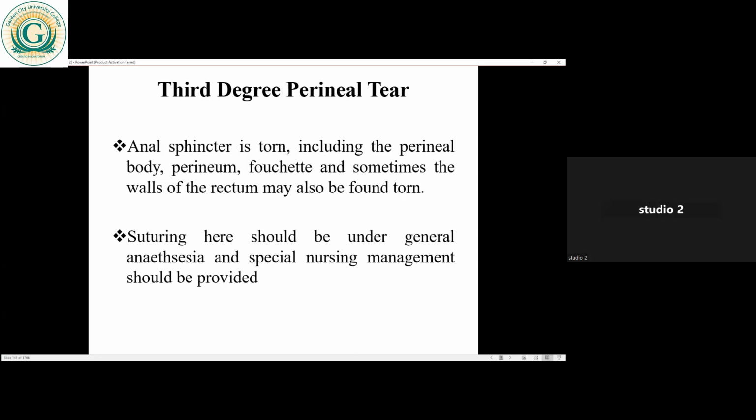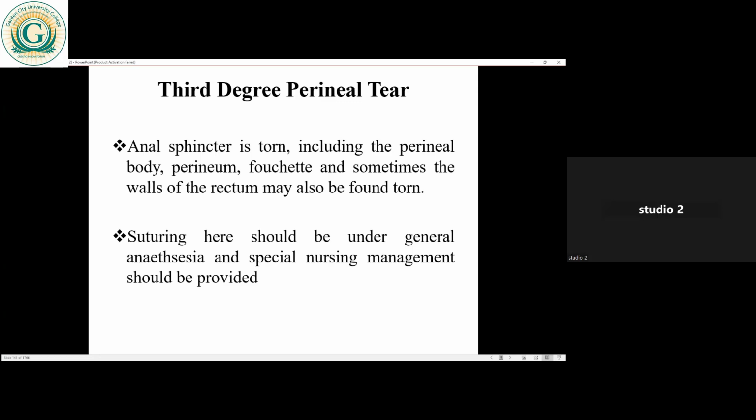It is through negligence that a woman gets a third-degree tear, because it is very painful, and you need to act fast. The woman has to be sent to the theater for general anesthesia before this is corrected by suturing. So take note.